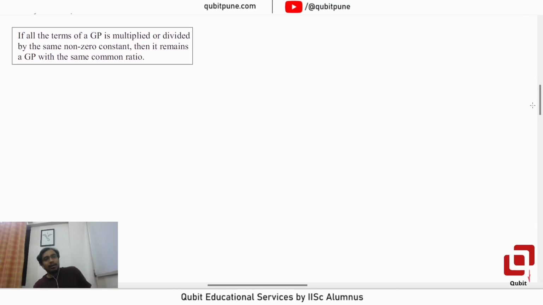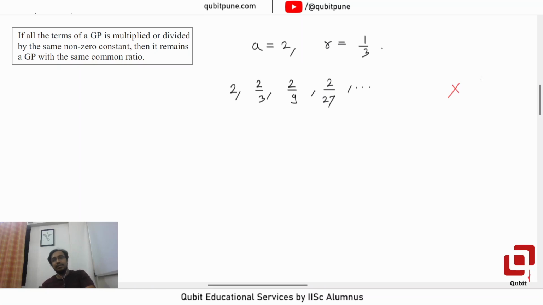If all the terms of a GP are multiplied or divided by the same non-zero constant, then it remains a GP with the same common ratio. So let's take A as 2 and R as 1 upon 3 this time. What will be the GP now? 2, 2 by 3, 2 by 9, 2 by 27 and so on. Suppose we multiply this by some non-zero constant, say 3 by 2.